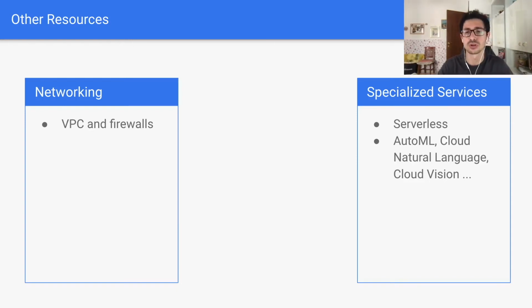So let's focus on networking first. I didn't put a lot of stuff here, but networking is, again, quite a powerful tool, very configurable, because networking provides you with what is called a VPC, a virtual private cloud.